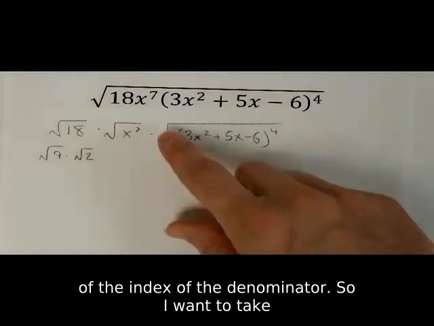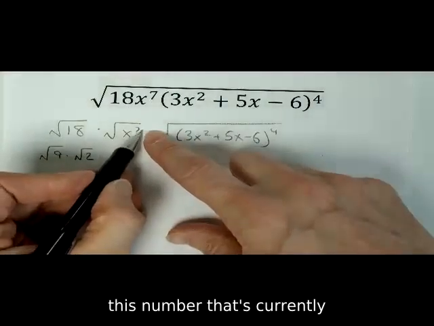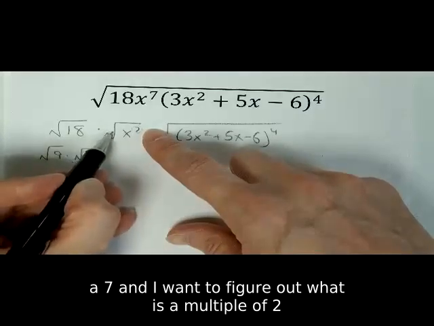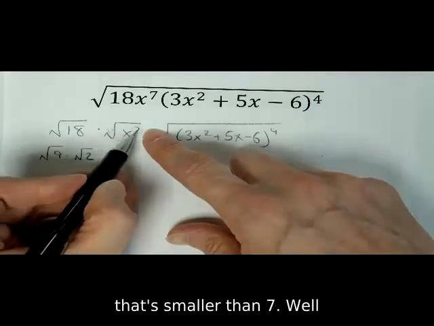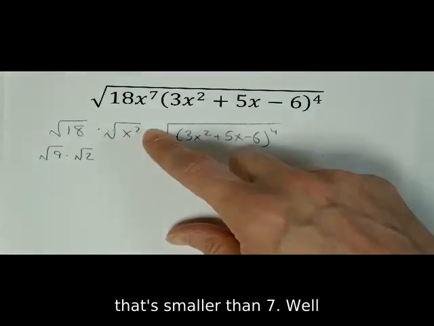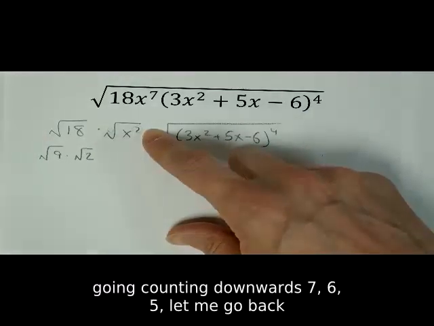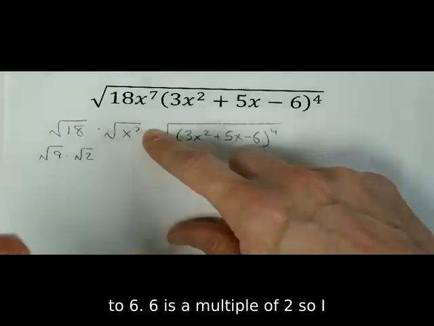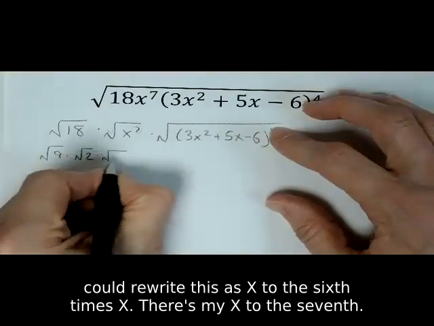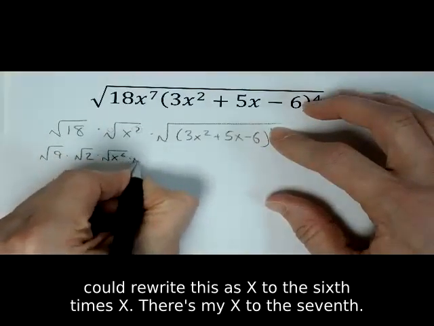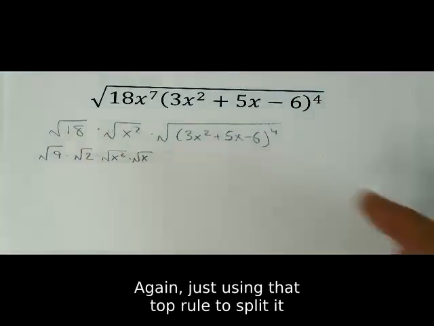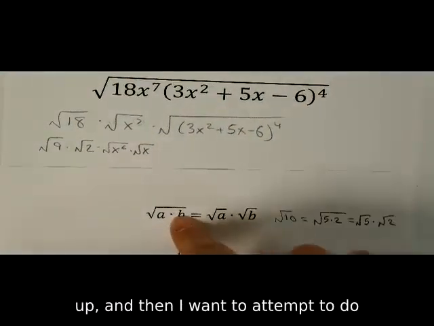So I want to take this number that's currently a 7, and I want to figure out what is a multiple of 2 that's smaller than 7. Well, counting downward, 7, 6, 5. Let me go back to 6. 6 is a multiple of 2, so I could rewrite this as x to the 6 times x. There's my x to the 7th. Again, just using that top rule to split it up.